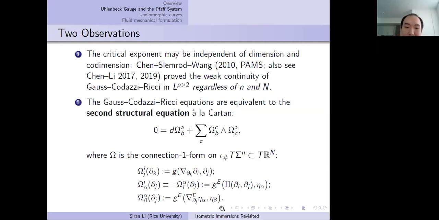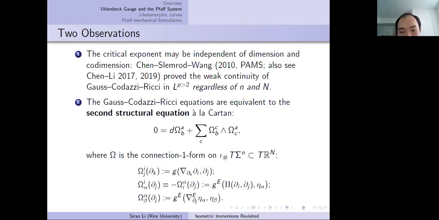And also, if we look at the Gauss-Codazzi-Ricci equations, using the exterior differential forms by Élie Cartan, they can actually be summarized as the second structural equation. In shorthand, this is d omega plus omega wedge omega equals 0.